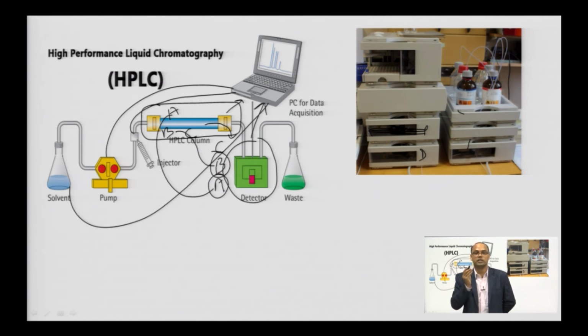If the stationary phase and the component are of the same polarity, then the rate of flow of this component through the column is low, or you can say the retention time is quite high. And if the stationary phase and the component are of opposite polarities, then you have a low retention time, meaning they have a weak affinity.